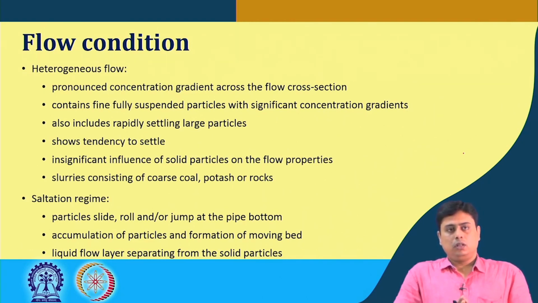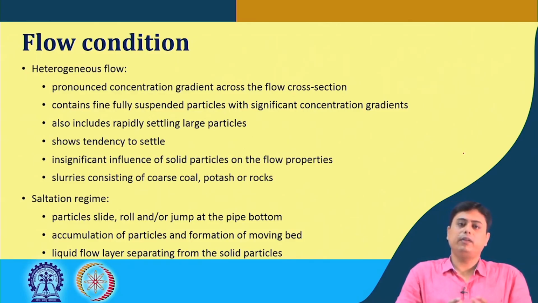Now, it contains fully suspended fine particles with significant concentration gradients as well as rapidly settling large particles. Now we understand why we covered the settling phenomena before coming to this flow behavior, because we know the terminal settling velocity depends on the particle diameter.